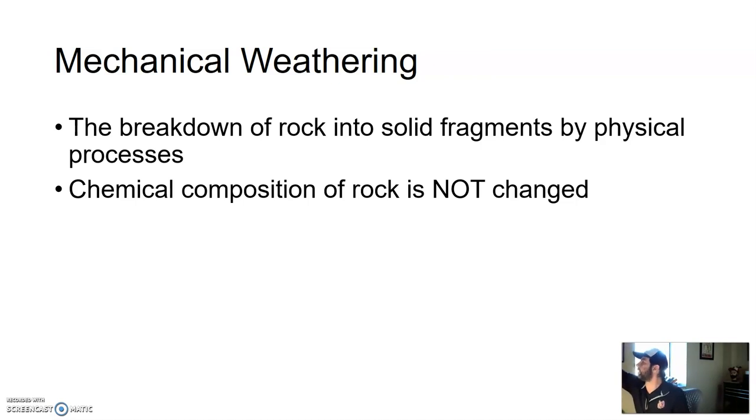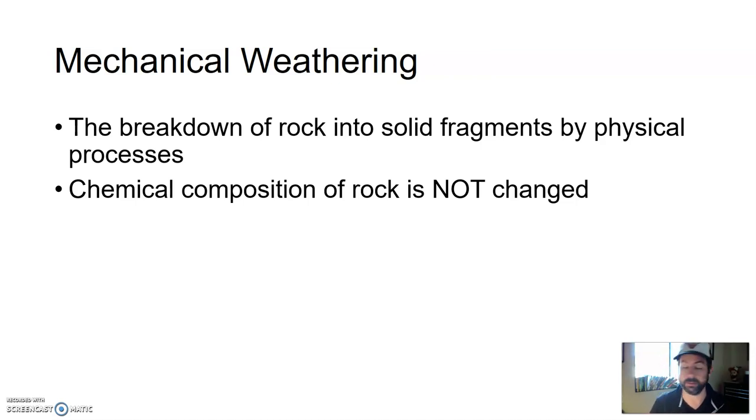Let's see here, I got hammers somewhere. Well, I used to have a hammer somewhere. Anyway, if I just took this screwdriver and started attacking this thing, all these little pieces coming off are still granite. I'm physically weathering.